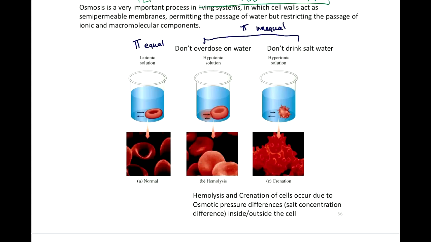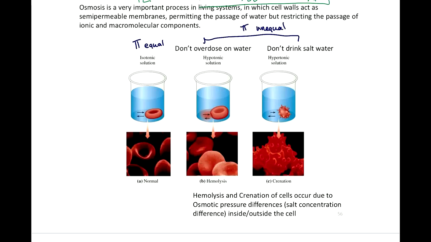When the osmotic pressure on the inside and the outside of the cell is the same, okay, there's no tendency for water to travel through the semi-permeable membrane of your cell to inflate or shrink up that cell. Water will move freely in and out as it pleases. It reaches this nice equilibrium.